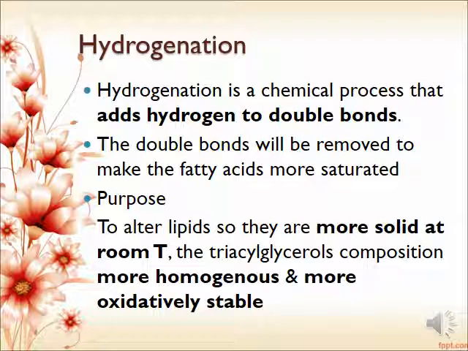So the triacylglycerol composition will also be more homogeneous and of course more oxidatively stable, because we know that as the double bond is high in amount, it becomes less oxidatively stable and also less thermally stable.